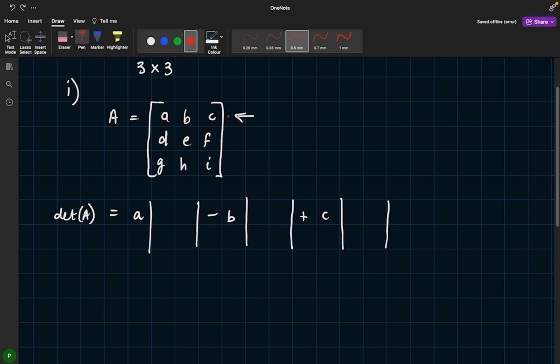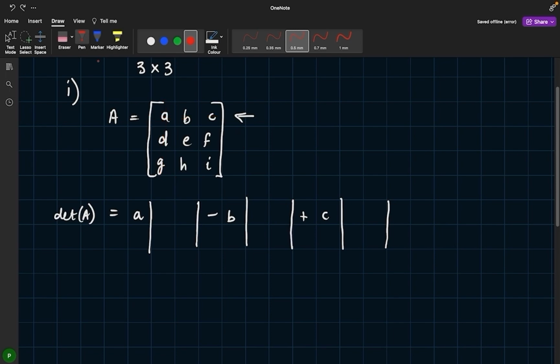You always remove the first row, and you remove the corresponding column. So for the first one, you're going to remove the first column, and you're going to remove the first row. So the first column is removed, and the first row is removed, and you have this 2 by 2 matrix.